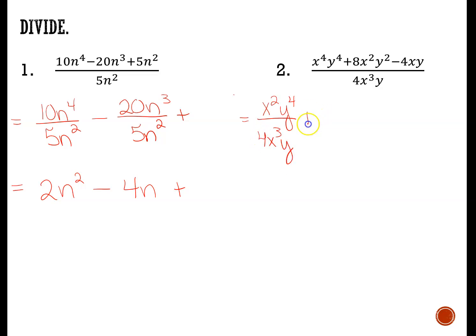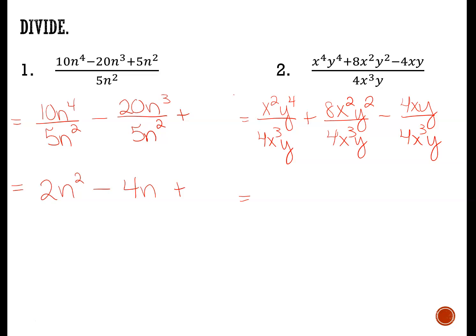Let's write it out first. Don't start canceling anything, just write everything out. And then we'll go through and simplify each of these fractions. So we look at the numbers first. This is an invisible 1 here, so we've got a 1 over 4. That cannot simplify.